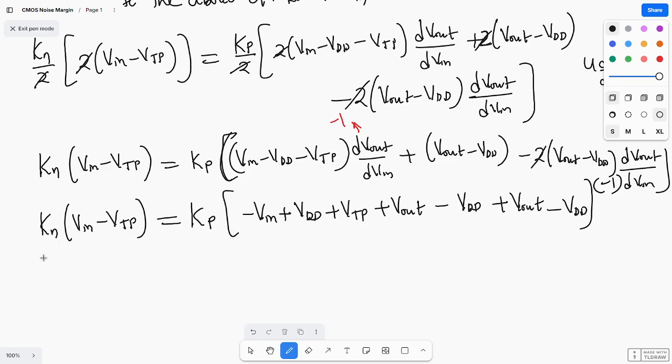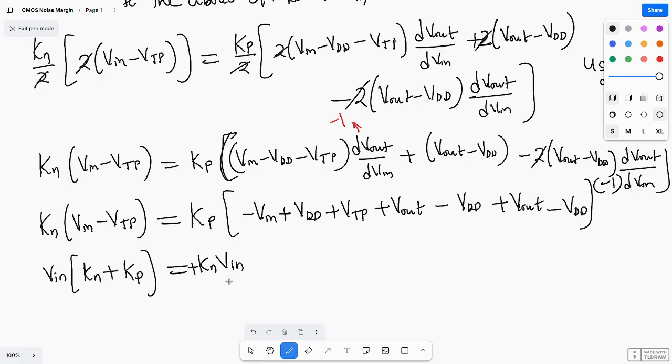Okay, and next I am bringing kn and kp to one side. This is what I will get: kn plus kp, with V input taken common, that is equal to, here plus kn into Vtp, and kp into VDD is there. This one I am bringing to this side. Minus is there, this will go here, meaning kn into V in, I will get.